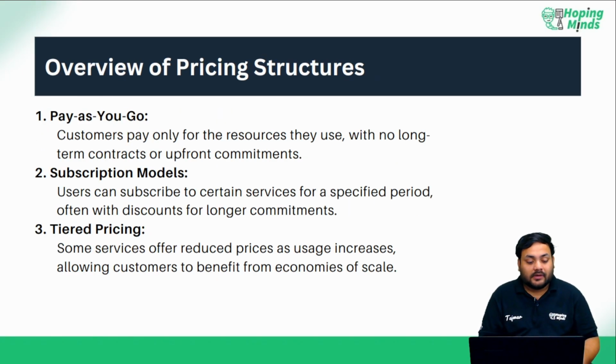Now let's talk about the pricing structure which AWS offers. First we have pay as you go, which I have already told you about. Second, we have the subscription model, and third, the tiered pricing model. First, pay as you go. Let's suppose you have a website running on a server. Based on whatever load, capacity, or traffic you have, you pay AWS accordingly.